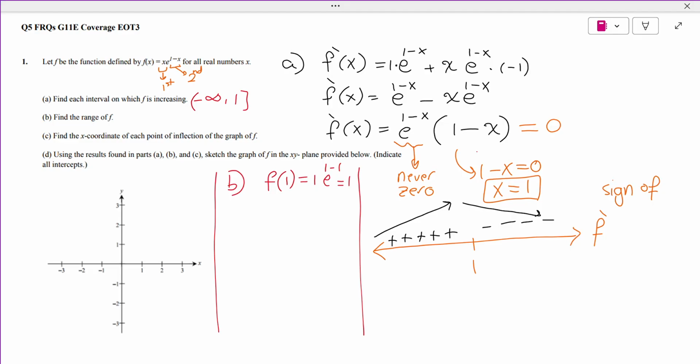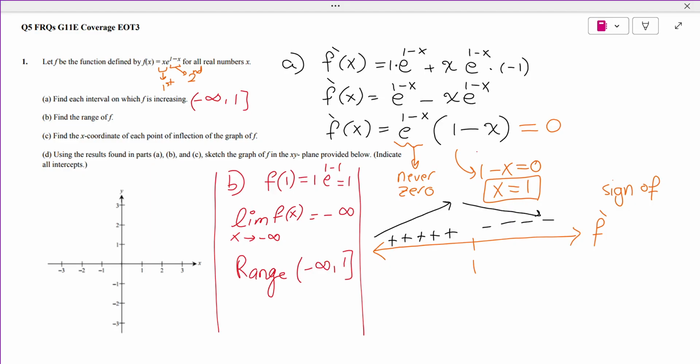And then you check the limit of the function as x approaches negative infinity, because we are looking for the minimum f value, which is also negative infinity. So the range of this function goes from negative infinity all the way to 1.